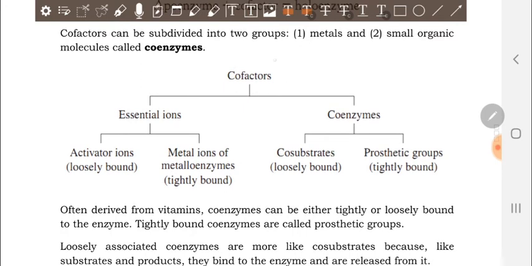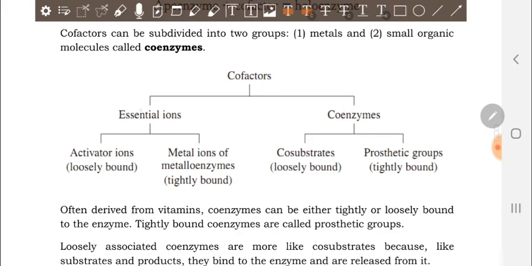Now the terminology is based on the framed regulation of the Enzymes Commission, that is IUPMB. Cofactor is the common terminology. We can classify cofactors into essential ions and coenzymes. Coenzymes, which comprise organic molecules, are further classified into co-substrate, loosely bound, and tightly bound. Tightly bound is the prosthetic group, and both come under the coenzyme category.